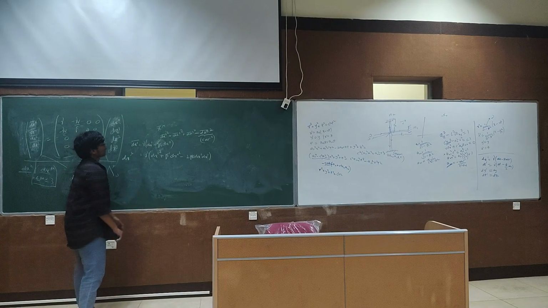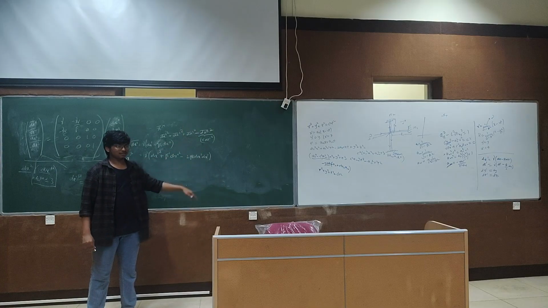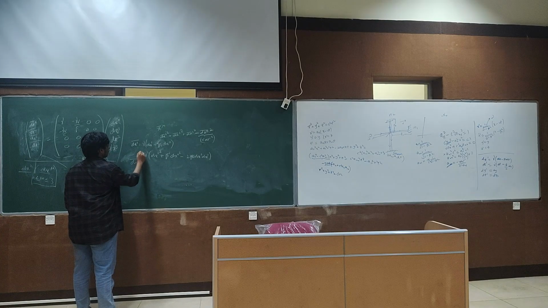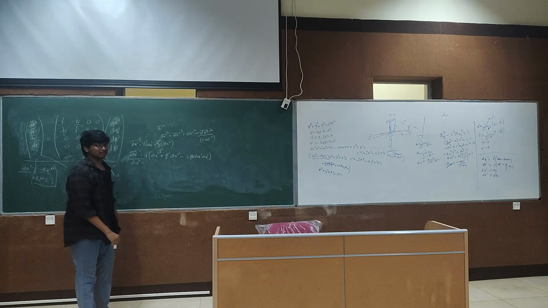If you do it similarly, anyways these two don't transform. So write dx. Can you tell me dx bar 0 square?